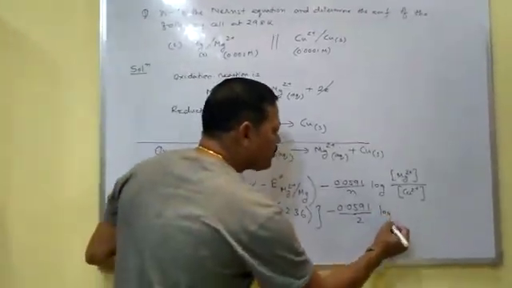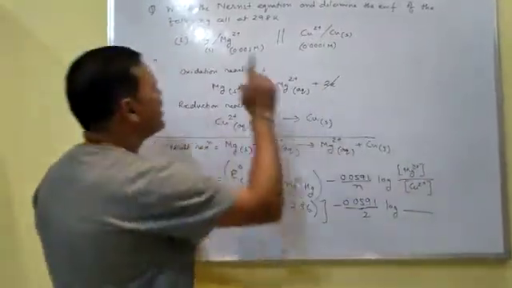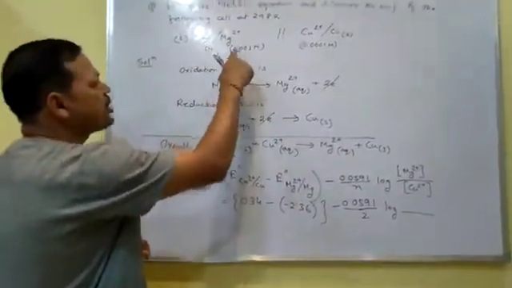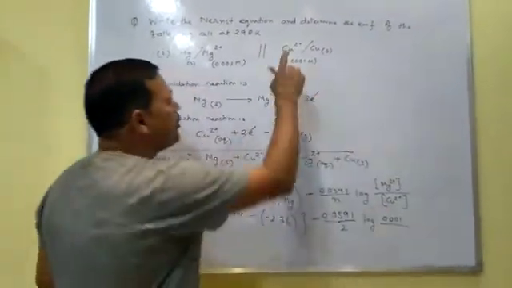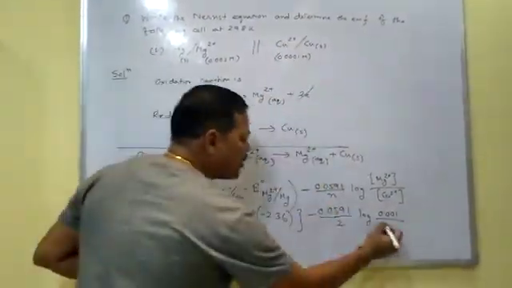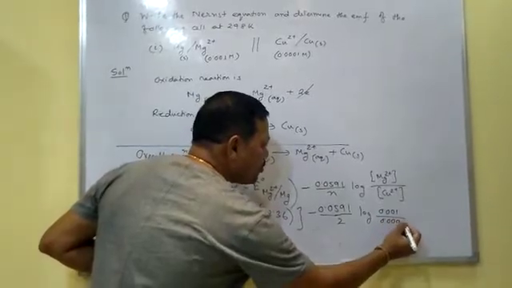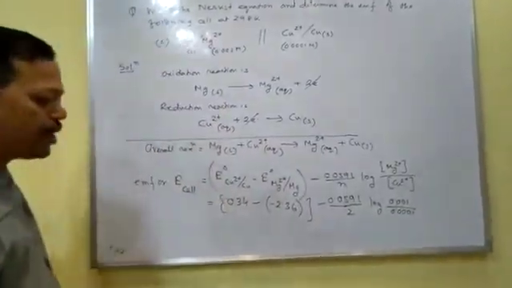Log of the concentration of magnesium, given as 0.001, divided by the concentration of copper, 0.0001. So in this way you can put in the values.